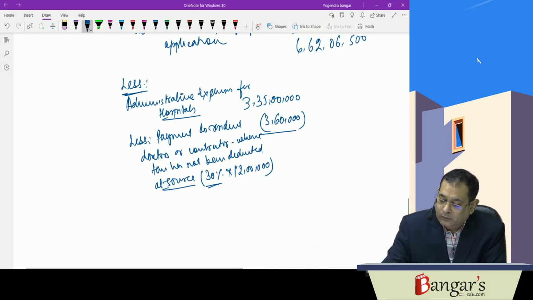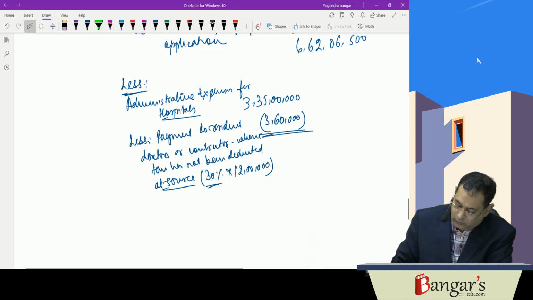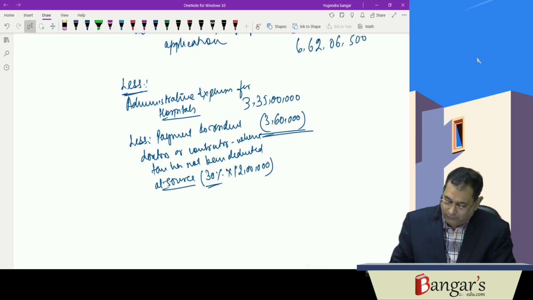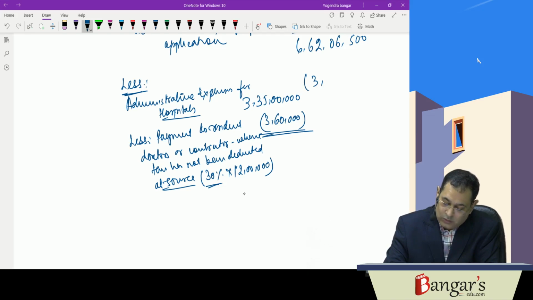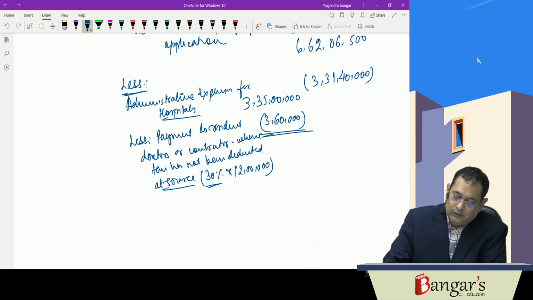So this amount is how much? 3 crore 35 lakhs minus 3 lakh 60,000. That works out to be 3 crore 31 lakh 40,000.